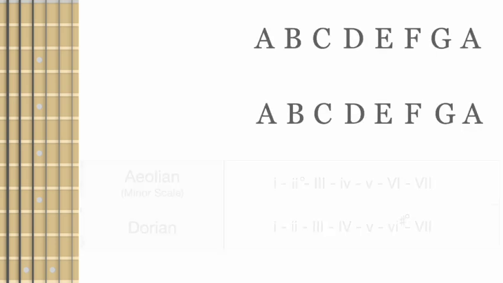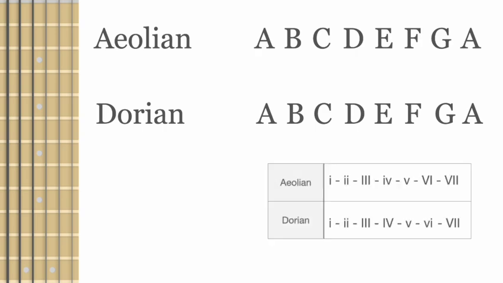So with that being said, let's start taking a look at what some of the differences are between A minor, A Aeolian, and A Dorian. When we look at it like this, we have the same exact structure, the same notes. So far, so good. Now, if we look down towards the bottom in the table, we're going to be looking at our chords, so we bring in the diminished, because the diminished is a chord.